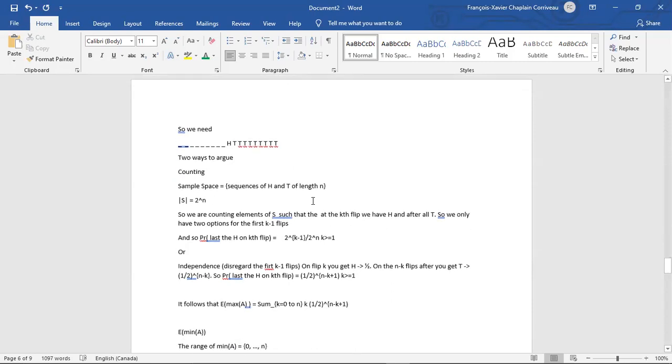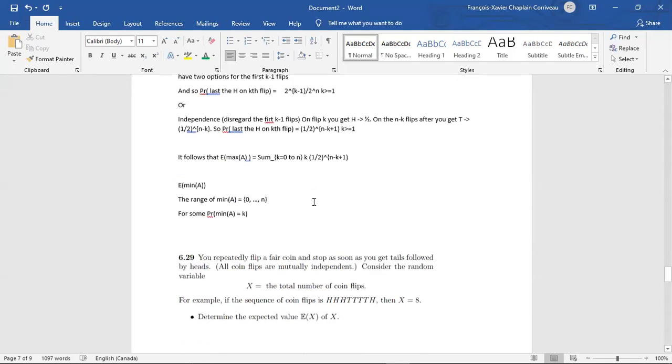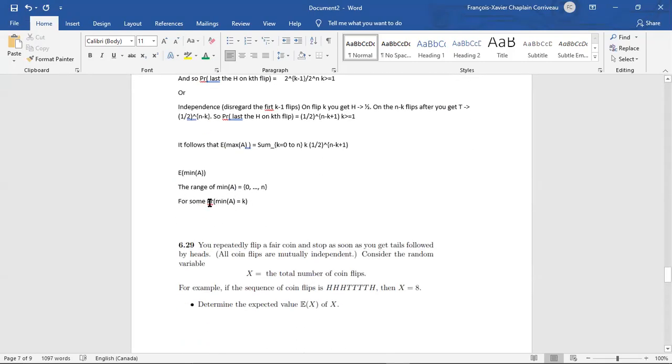Anyway, so for 1 less or equal to k less or equal to n, what is the probability that the minimum is equal to k?